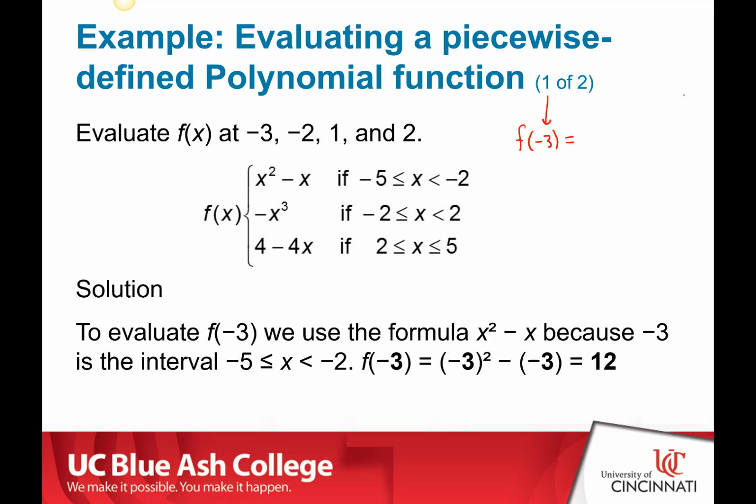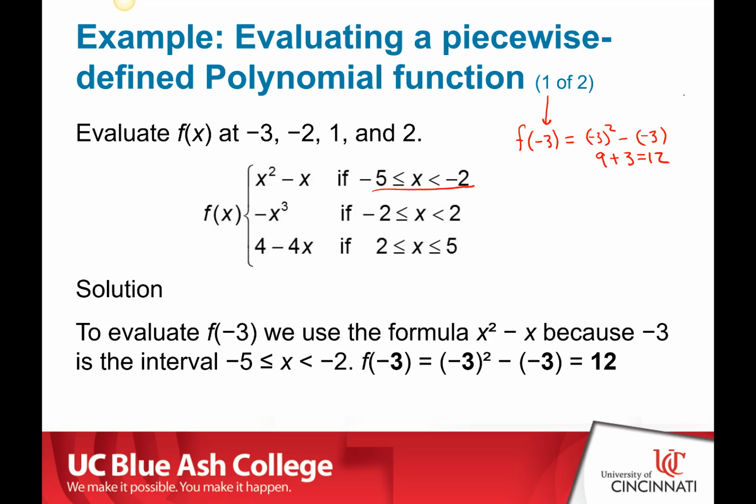Since it's -3, it lands in this first grouping, doesn't it? Which would mean that we're going to get something squared minus something. The x is just holding a space, and in each of those spaces we put a -3. So this would give us 9 minus a -3, the value would be 12.